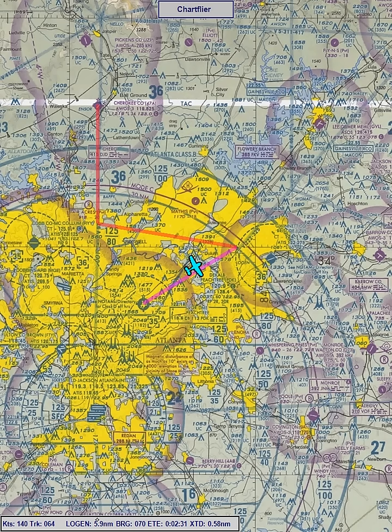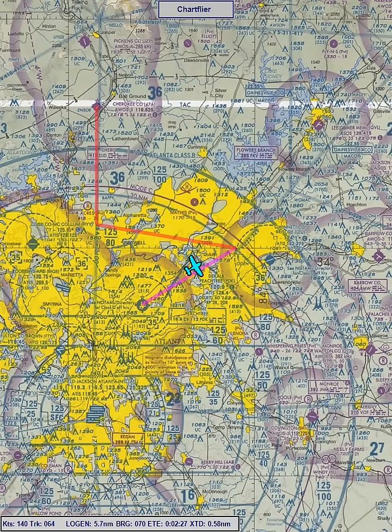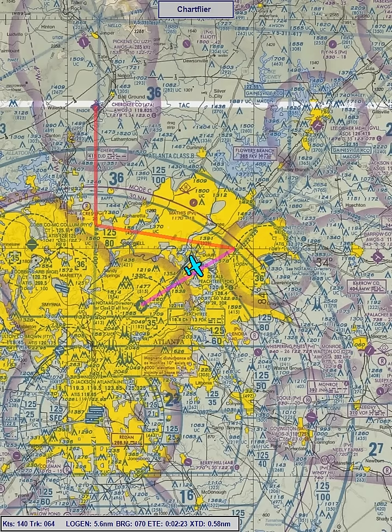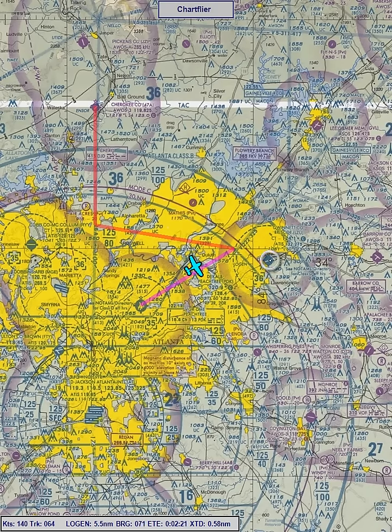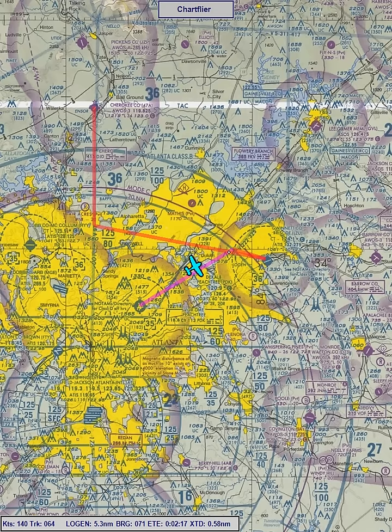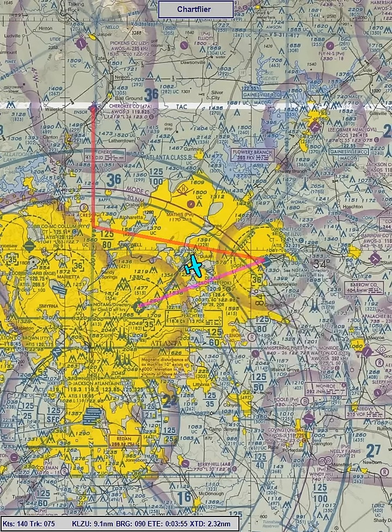And when we're on that, we can right mouse click and look at information, procedures, add it to our route, or simply go to the menu. So we'll go back to our flight in progress. And this will conclude our demonstration of Chartflier.